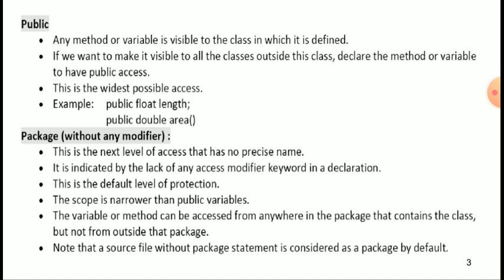The variable or method can be accessed from anywhere in the package that contains the class, but not from outside that package. Note that a source file without a package statement is considered as a package by default.